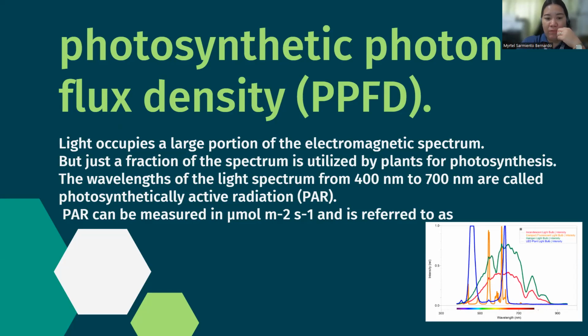The wavelengths of the light spectrum from 400 to 700 nanometers are called photosynthetically active radiation, that can be measured in moles. As you can see in the graph, the LED has its high intensity bulb lighting.